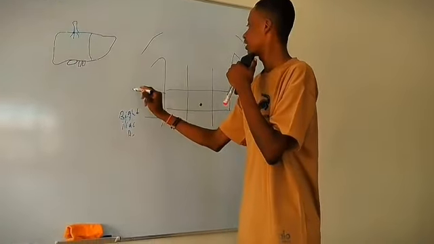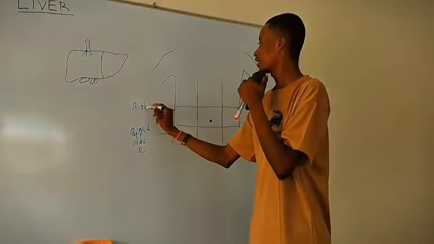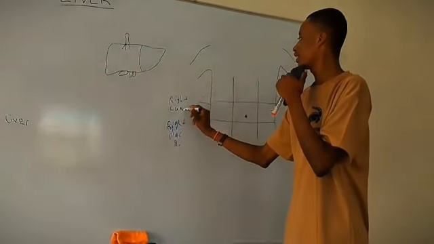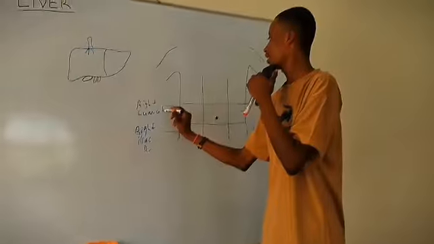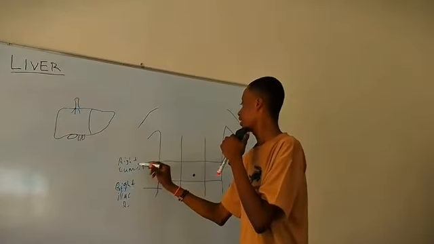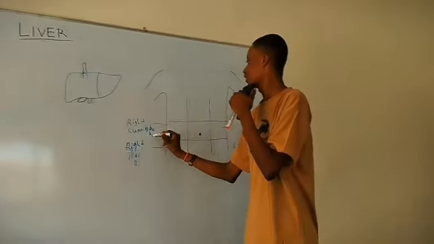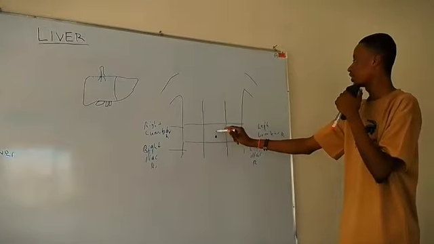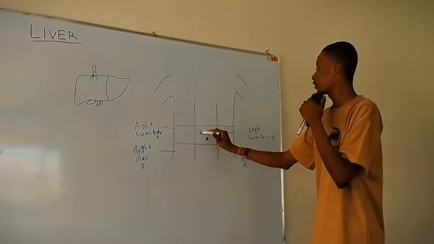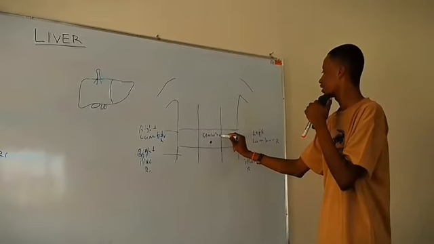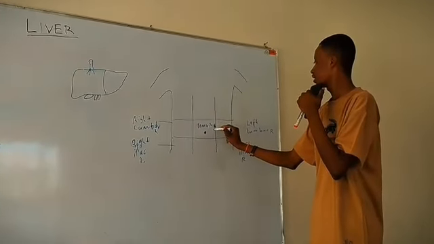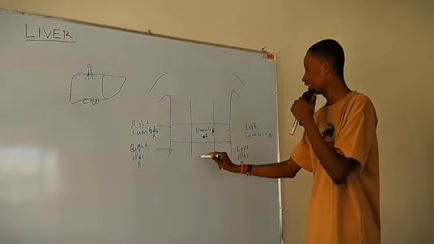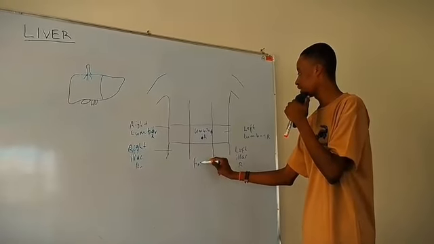Here is called the right lumbar region. Here is called the umbilicus region. Then here is called the hypogastric region.